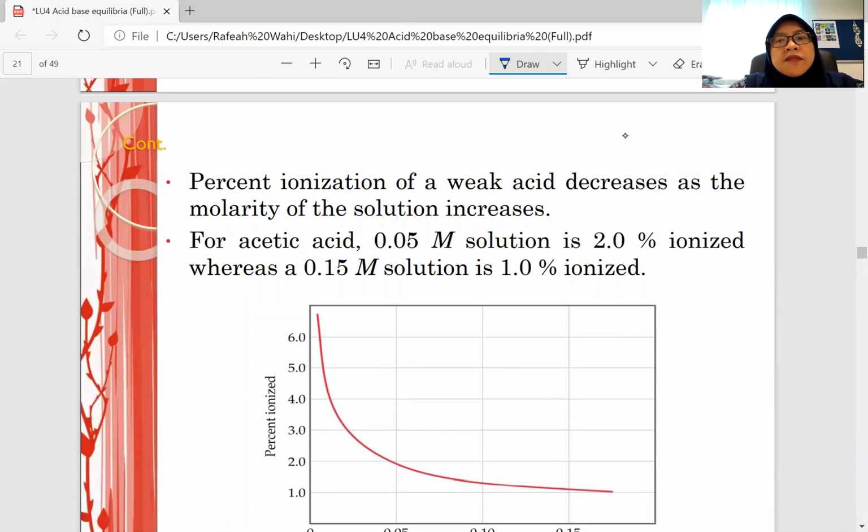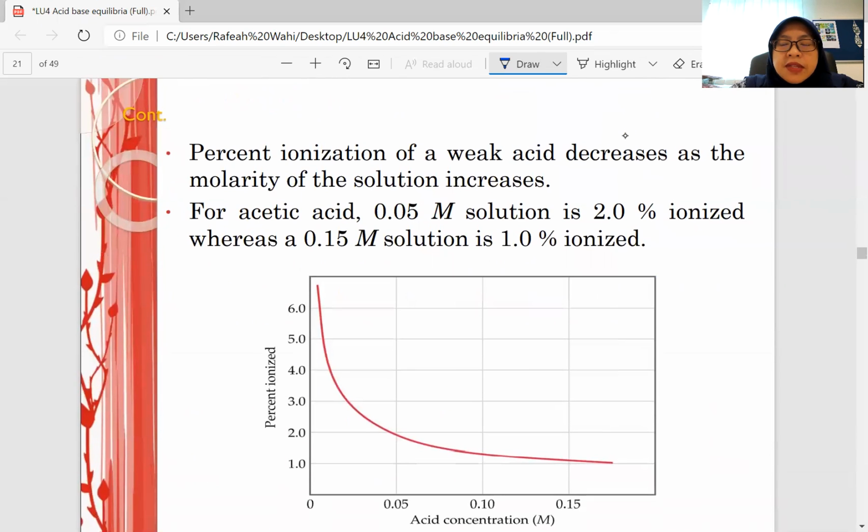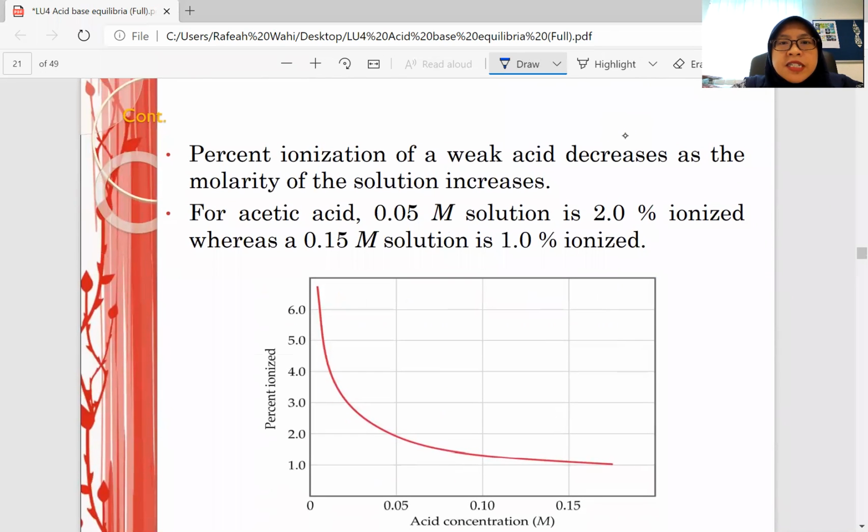Percent ionization of a weak acid decreases as the molarity of the solution increases. So percent ionization is inversely proportional to the molarity of the solution.